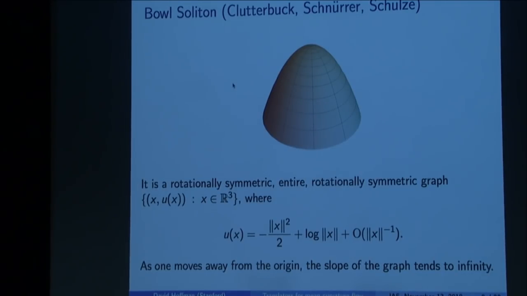And as you go farther and farther out, it gets more and more vertical, so it's asymptotically a cylinder. There are other examples that aren't graphs. We'll get to those later.